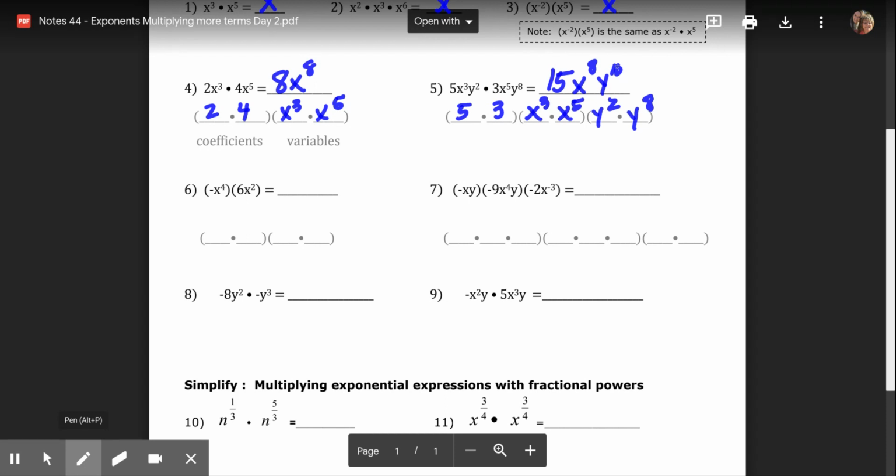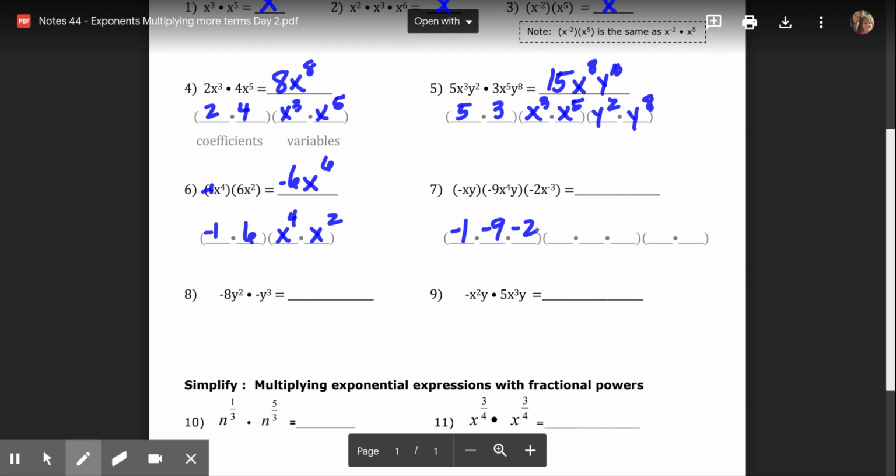On number 6, the coefficient right here is understood to be a negative 1. So negative 1 times 6, and then x to the 4th times x squared. So that would give us negative 6x to the 6th power, because 4 plus 2 is 6. On number 7, the coefficients would be negative 1, negative 9, and negative 2.